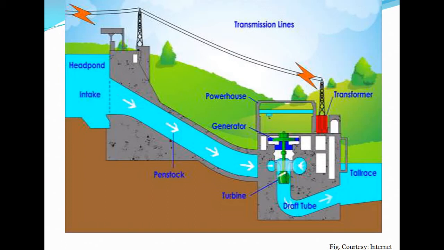Then this is the draft tube, where water, after bombarding the turbine, will leave from the draft tube to the tail race. Then generator, powerhouse, transformer, and the transmission lines.